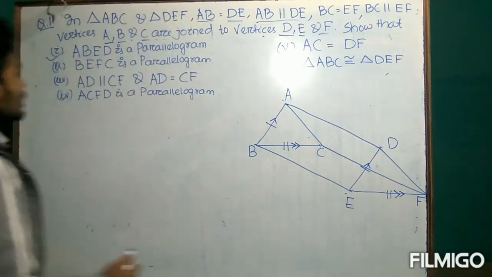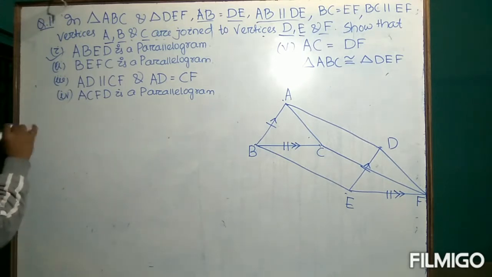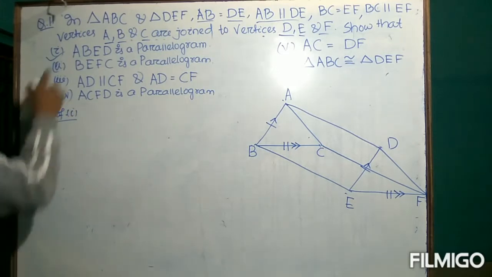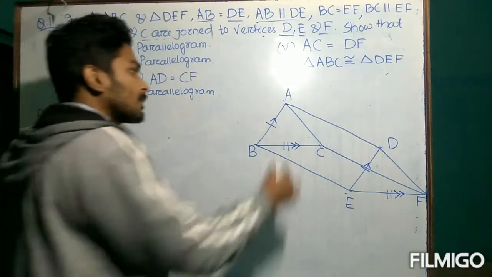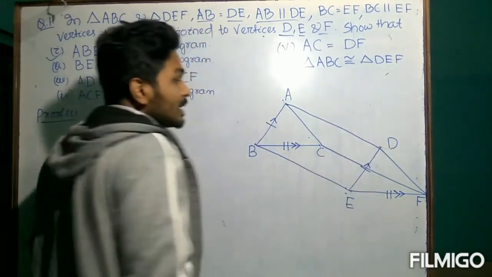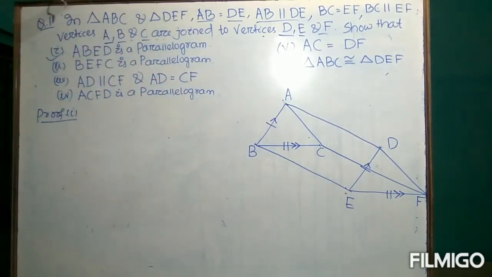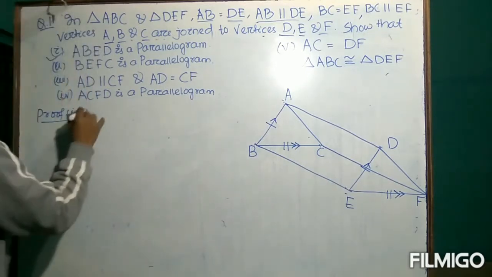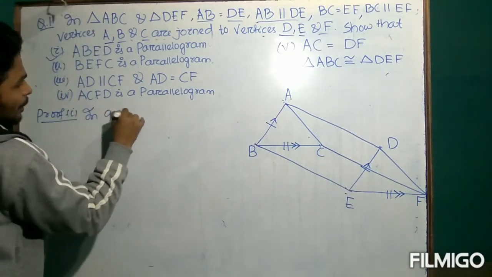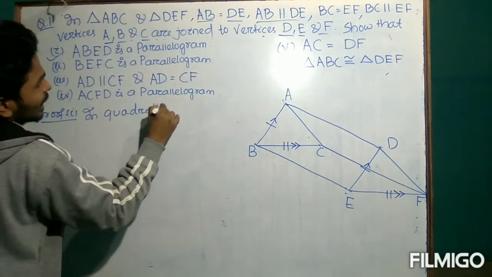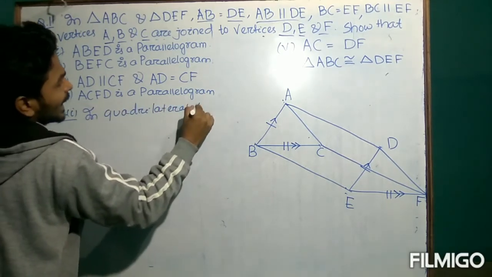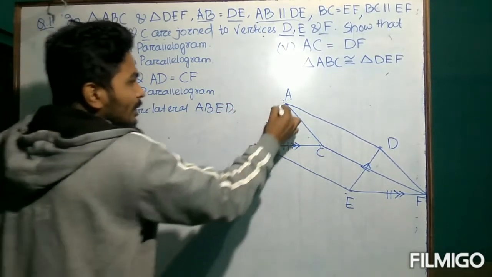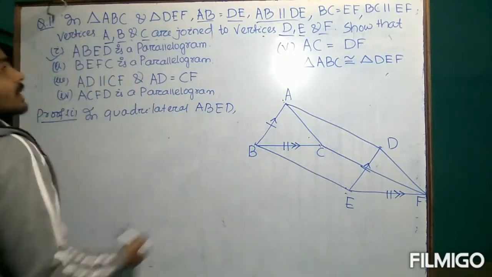So let us start with the proof of the first statement, that ABED is a parallelogram. Now we know ABED is a quadrilateral. Yes or no? Yes. So in quadrilateral ABED, we know that AB is equal to DE, already given.